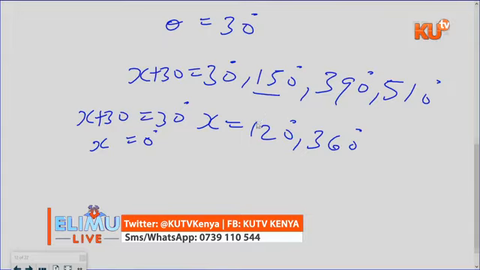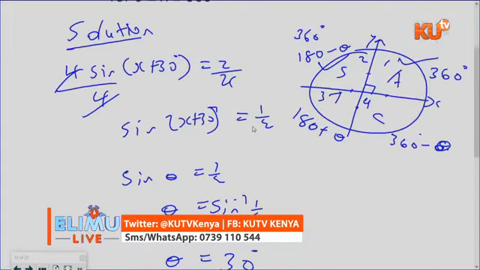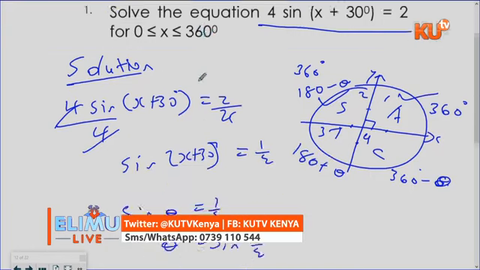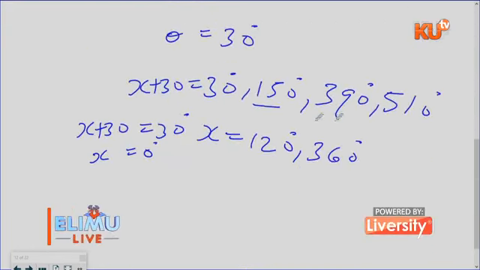You can still have your 0, because when we say less or equal, it means 0 is also part of the answer, and 360 degrees can also be the answer for the value of x. So I've said you can also have your 0 as one of the answers there.